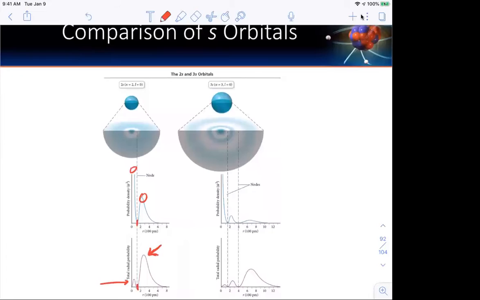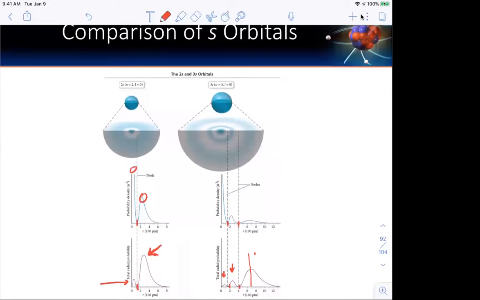Here for the 3s, again, I have 2 nodes, and I have a small probability there, then a larger probability. Here's my largest probability, at a distance farther away from the nucleus beyond that second node.